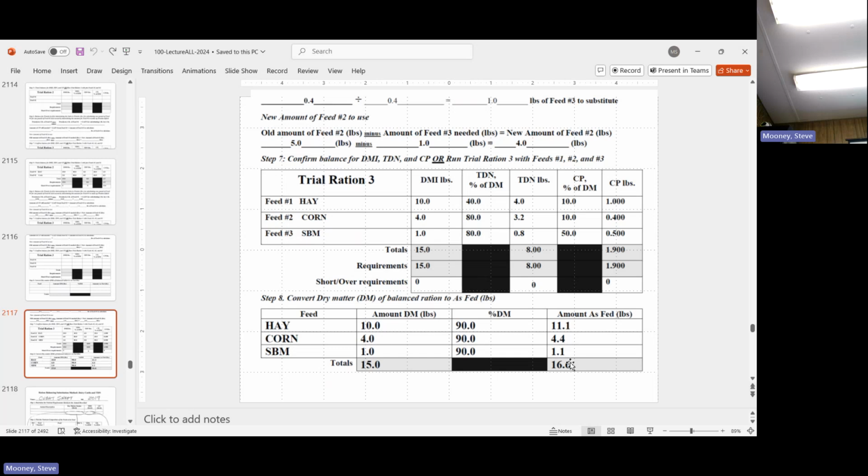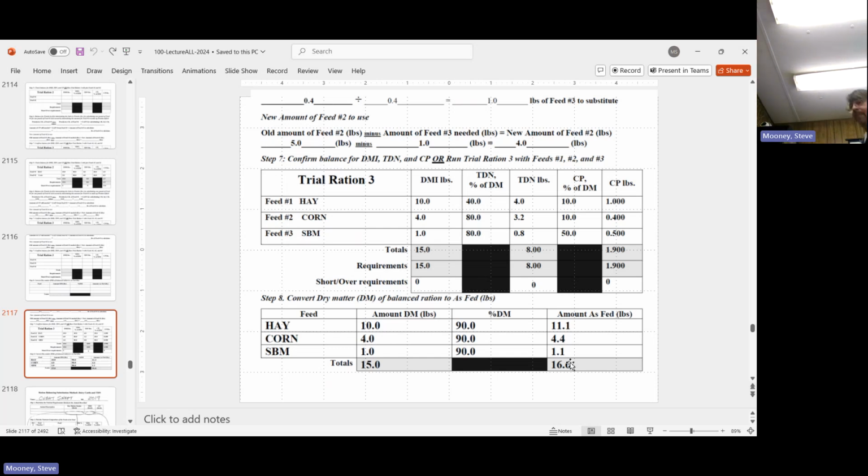I am balanced. Crude protein, hay and corn are 10%. Soybean meal is 50%. I multiply my dry matter pounds by my percent divided by 100.